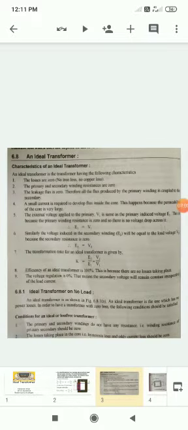The voltage regulation basically tells us the difference between the output power minus input power divided by output power. That is not efficiency, that is voltage regulation, a different thing. This means that the secondary voltage will remain constant with respect to the load. So for an ideal transformer, you find voltage regulation 0% and efficiency 100%.